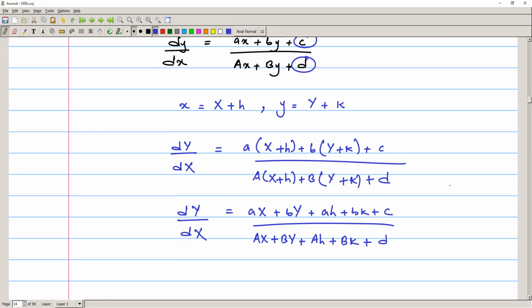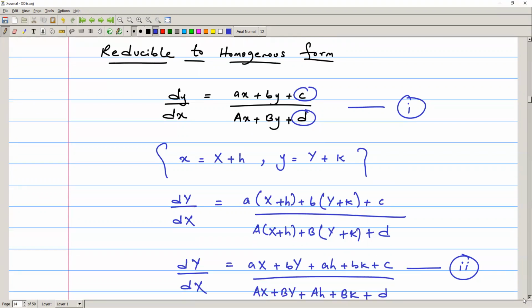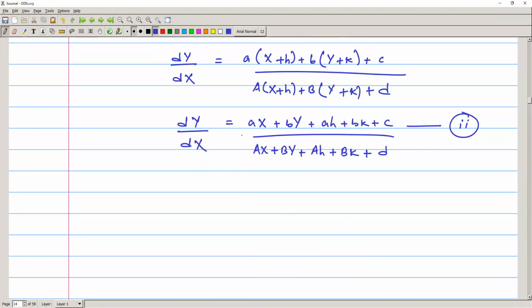Now say this is equation number 2. Originally we have equation 1 that was this kind of equation, and then we use the substitution, and we transform the equation.